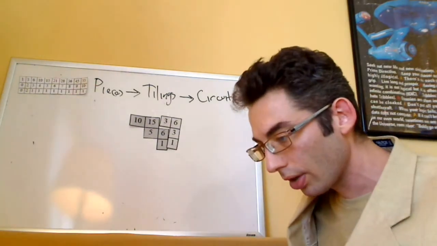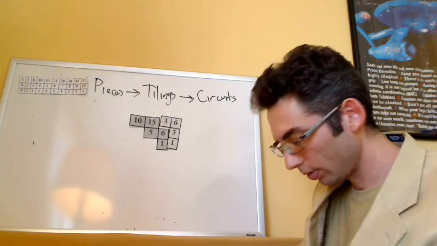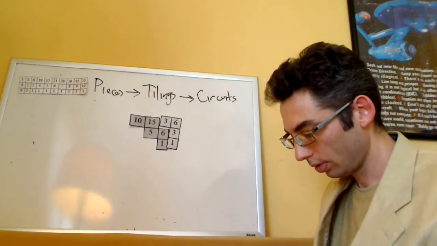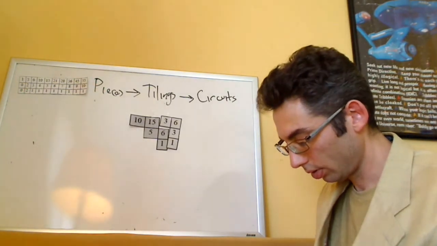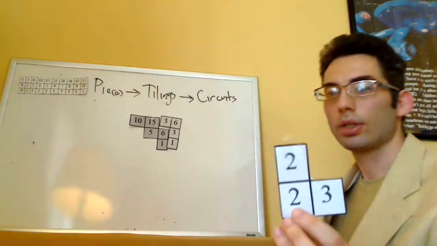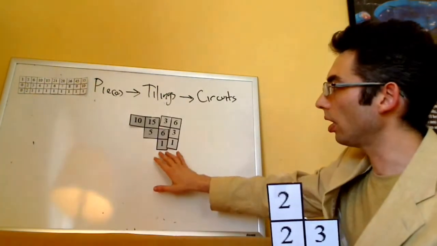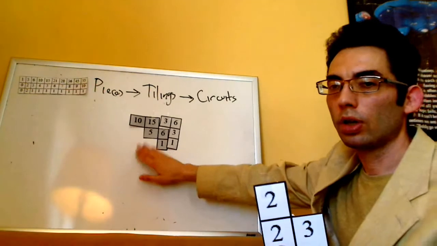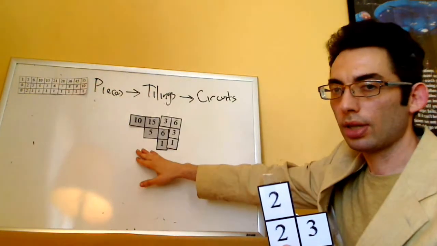We need a final L terminal piece. So then we add 7 to the total so far, we get a prime tiling.